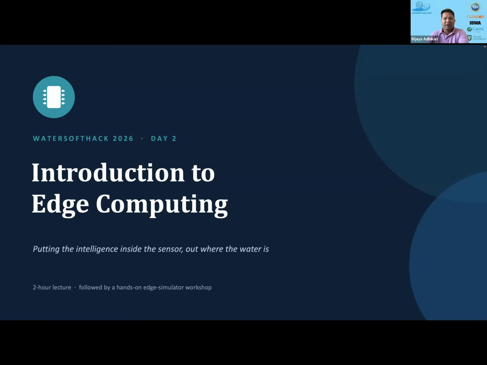So some expectations: it's a 2-hour lecture like yesterday, followed by a 1-hour tutorial, which Mihail is going to lead. That's going to be more hands-on. Even though this entire afternoon is for edge computing, we do not expect any background in electronics.